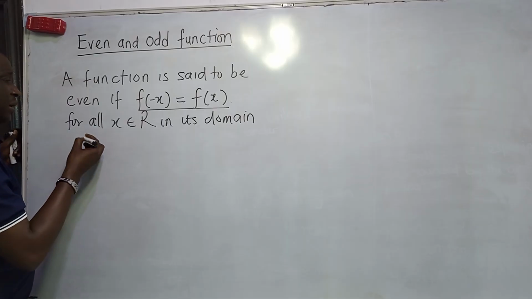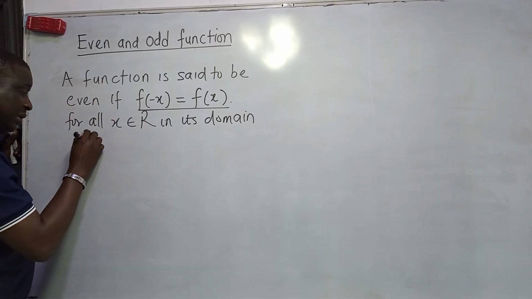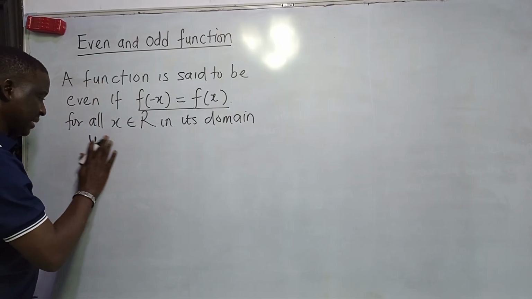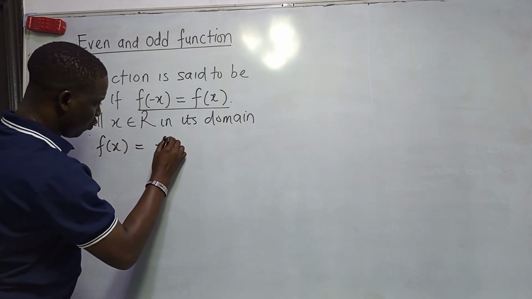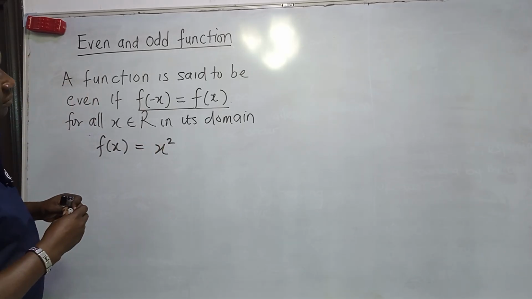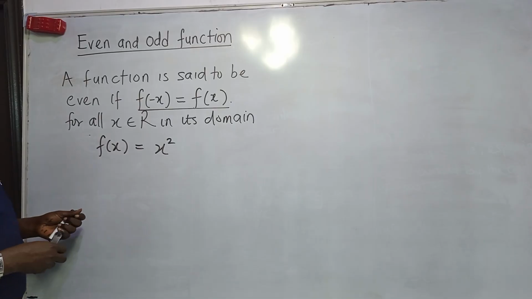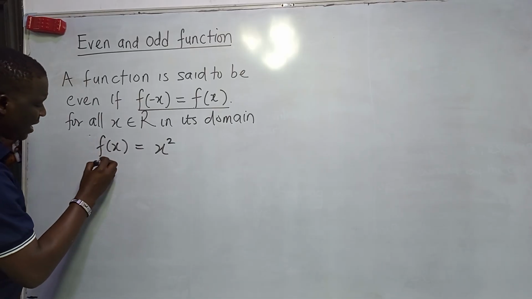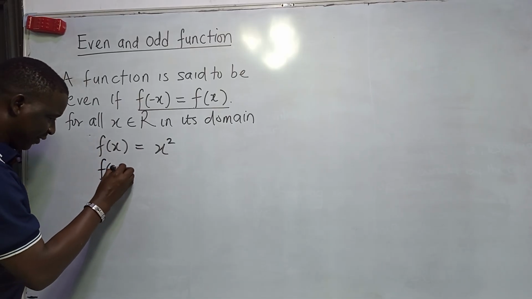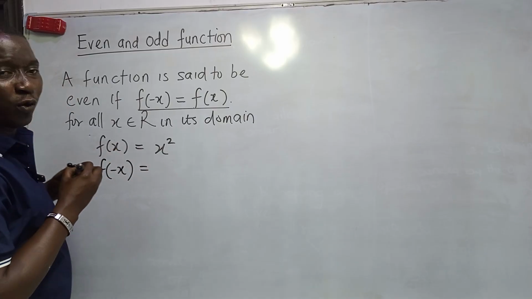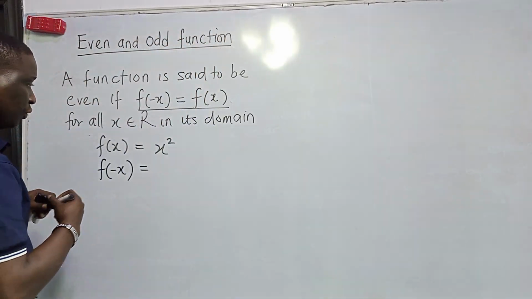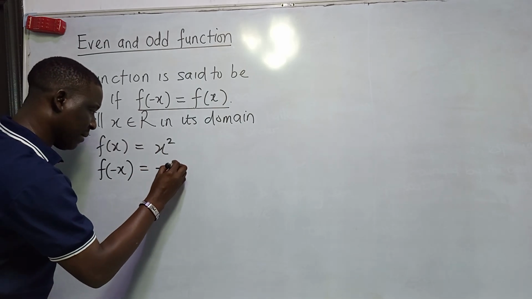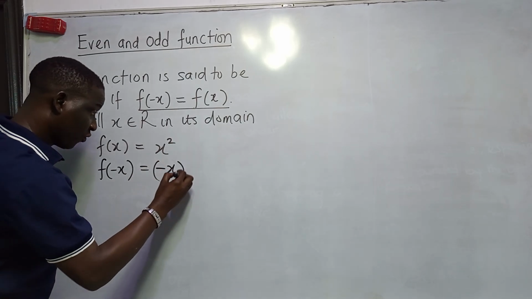Let's take an example now. Let's say f of x is given as x squared. Now, let us test with f of minus x to check whether this function is even or not. I want to say minus x all squared.